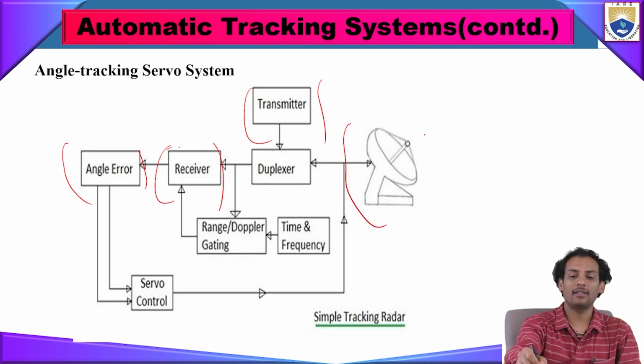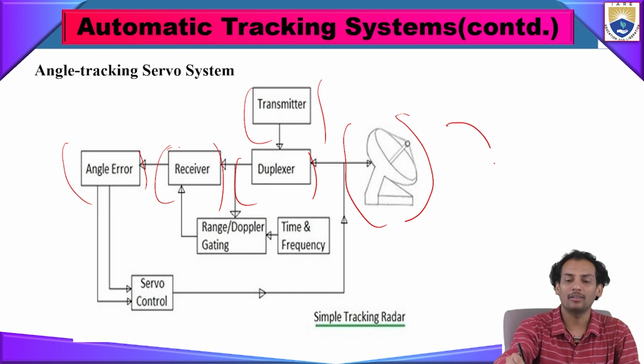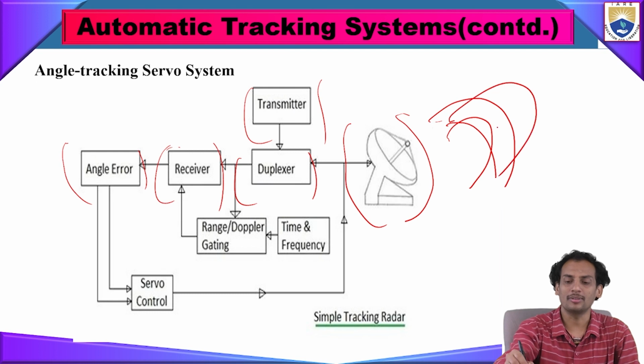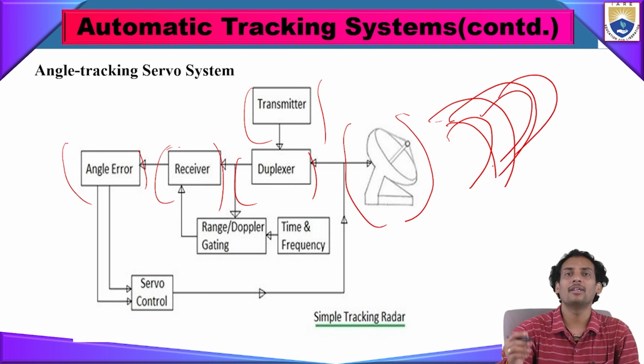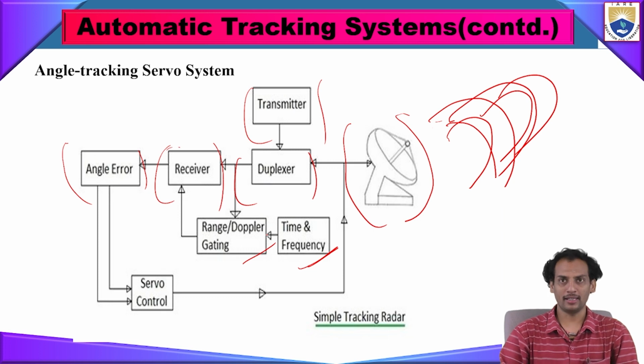And this is the radar dedicated for this tracking system. The duplexer is giving double signals, and the range and Doppler gating, time and frequency things it will also have. These are all electronic systems only.